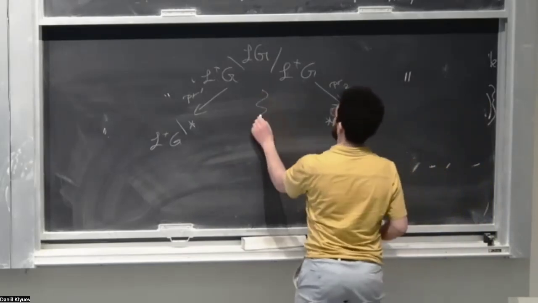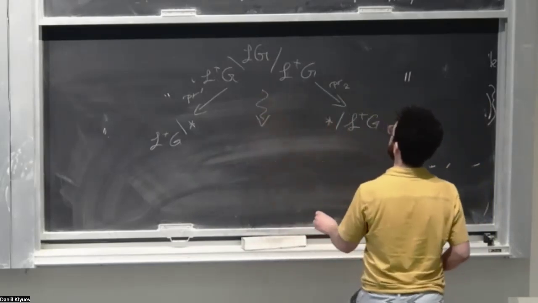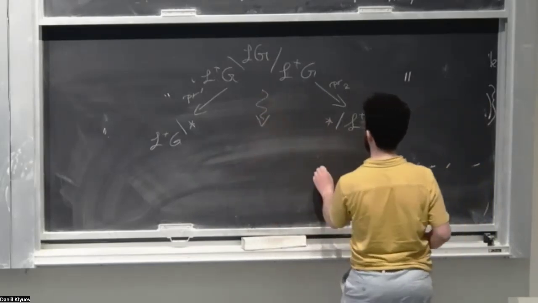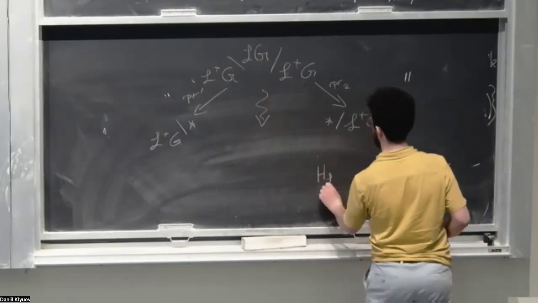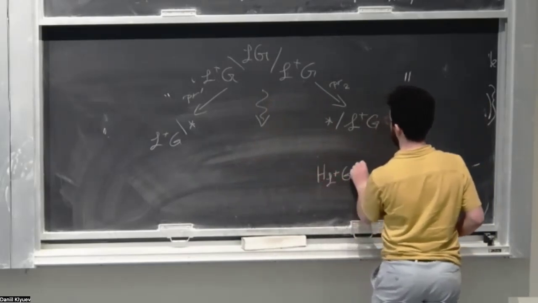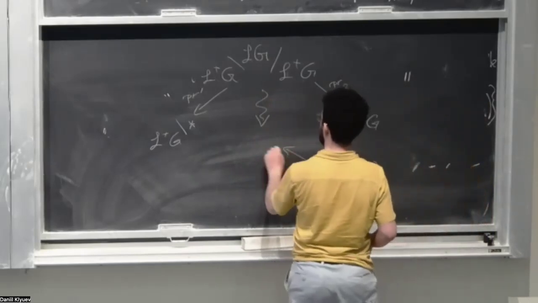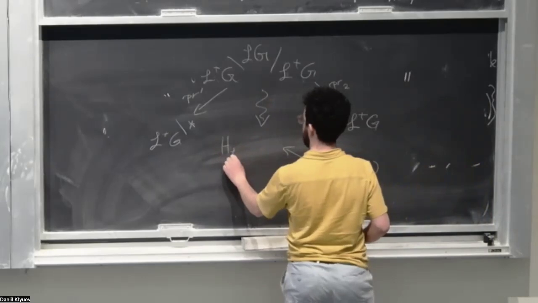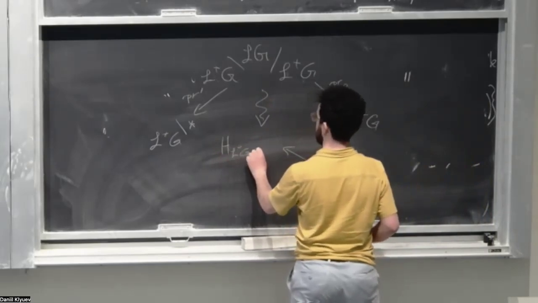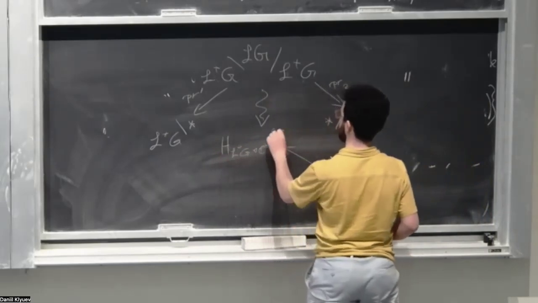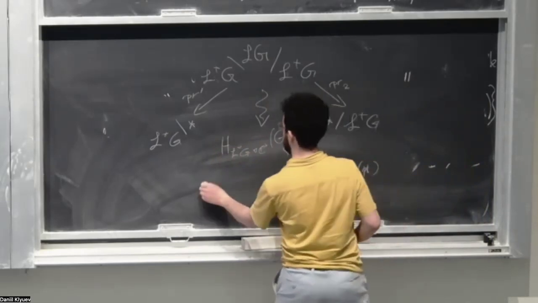But anyway, we get two different maps from the equivariant homology of a point to the L plus G equivariant homology of the Grassmannian.